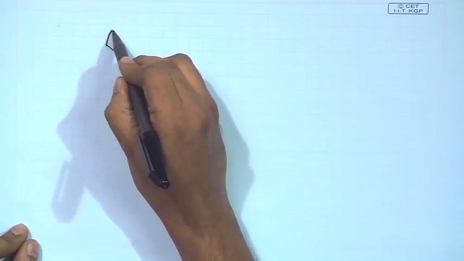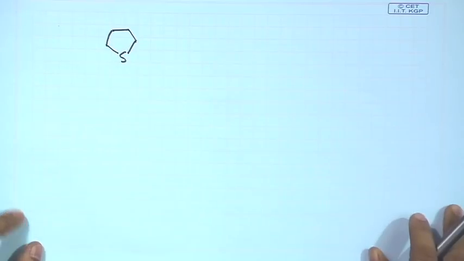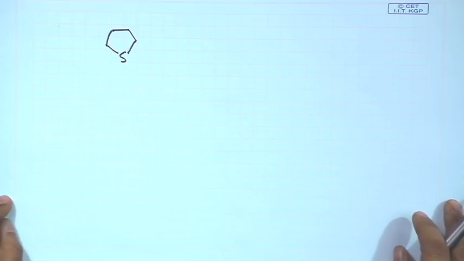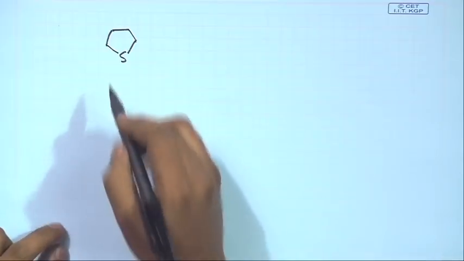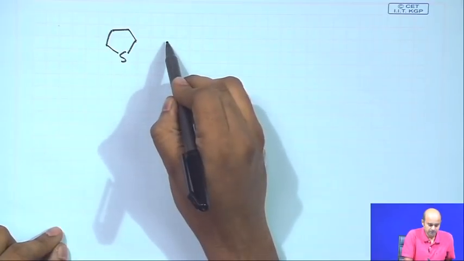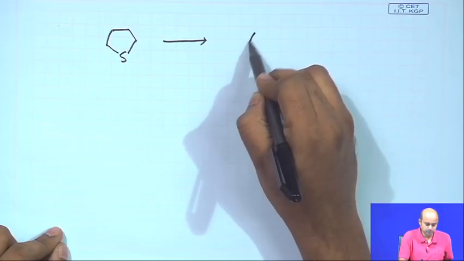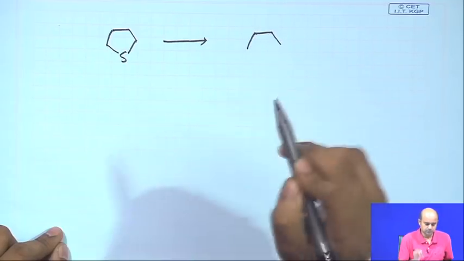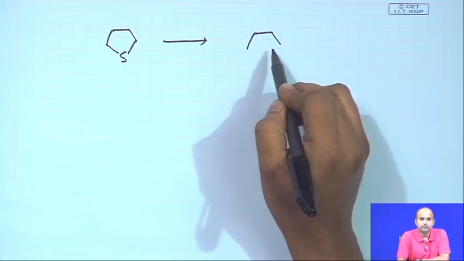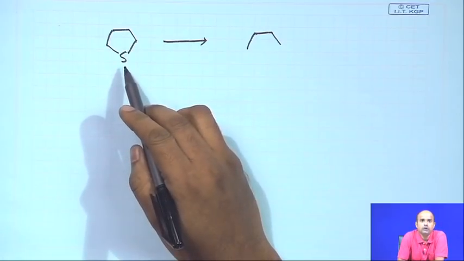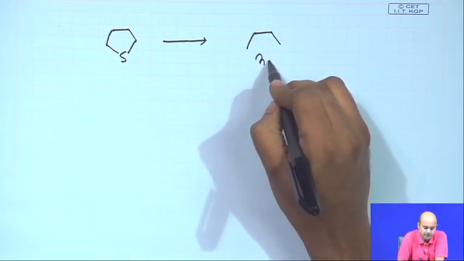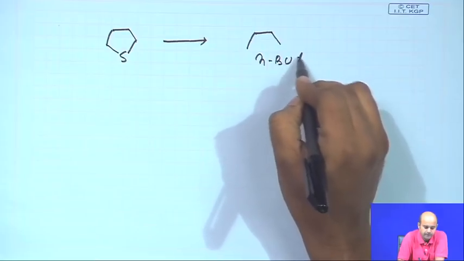Next, we will try to visualize something else. Before that, I will give you a simple molecule. This molecule is tetrahydrothiophene. Now, is it possible to synthesize this molecule from this tetrahydrothiophene? This molecule is basically n-butane.